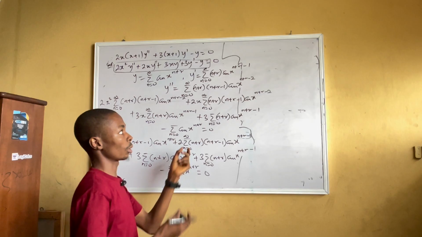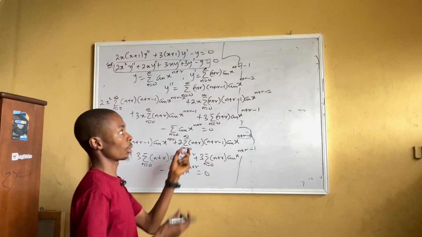So it means that we are going to have summation n from 0, this one is not affected, of n plus r, n plus r minus 1, a n x raised by n plus r. Now 2 summation, it will now start from 1 this time around, of n plus r minus 1 of what? A n x raised power n plus r minus 1.